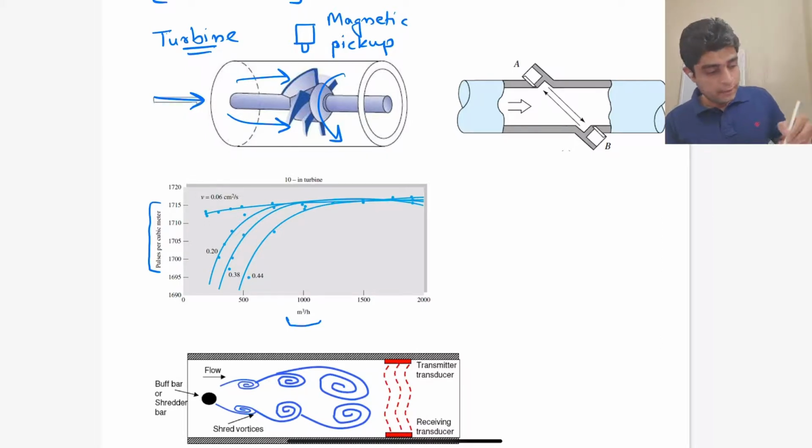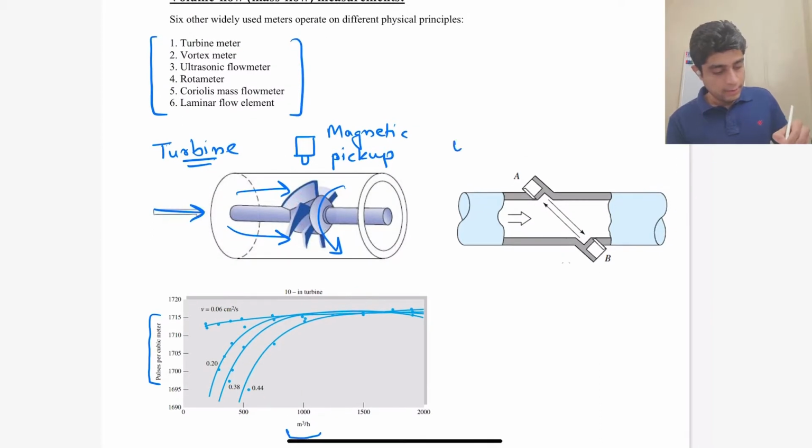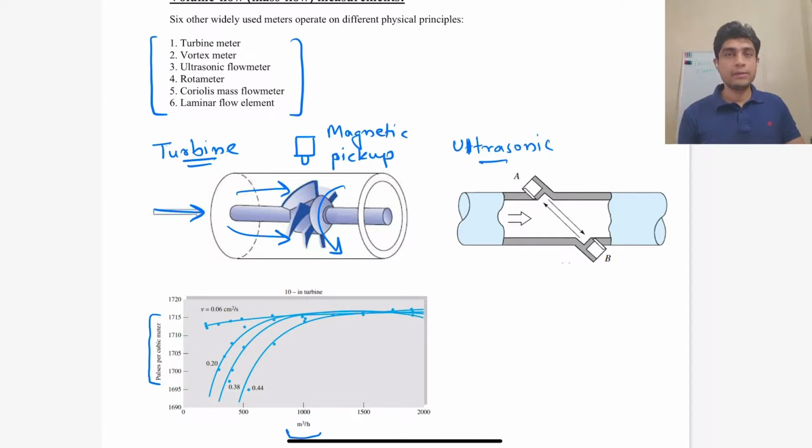The second diagram here is an ultrasonic flow meter. The basic principle is that we send ultrasonic sound pulses from two sensors. One is installed upstream and one is installed downstream, and the signal that the upstream sensor sends travels faster because it is traveling downstream, while the signal that the downstream sensor sends travels slowly because it is going against the flow.